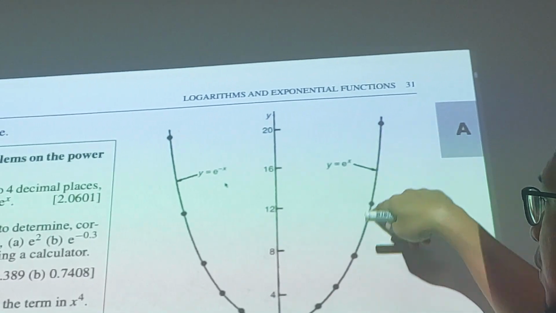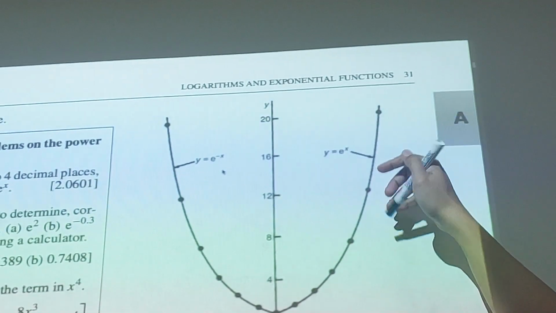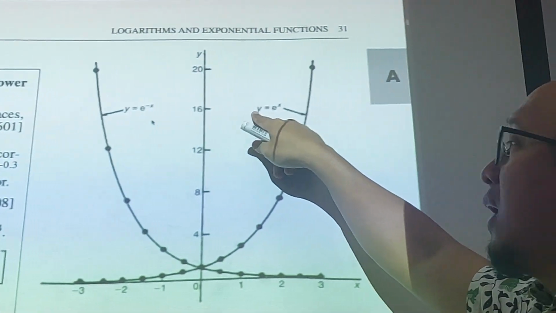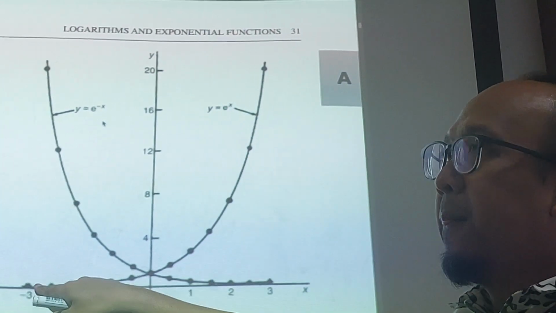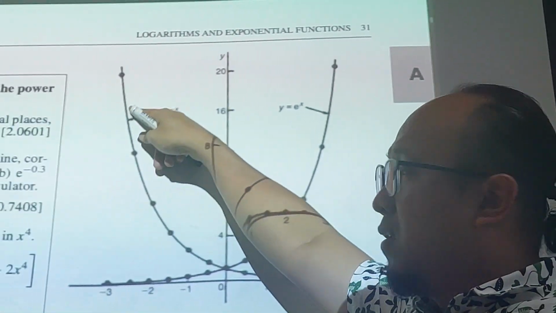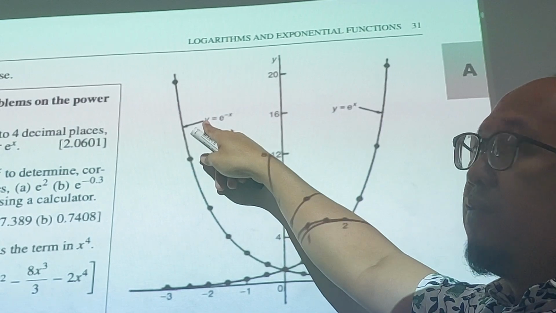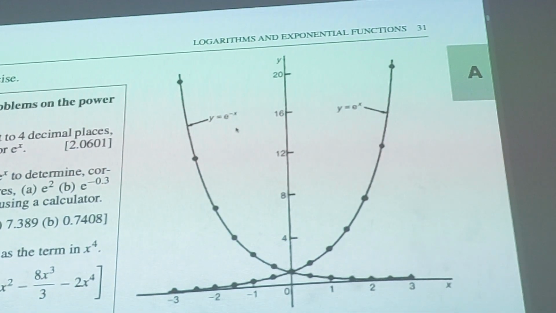So as the result, you will have the curve of the function y equal to a power by x for this one. And for the second curve, you can get the curve for function y equal to a power by minus x.